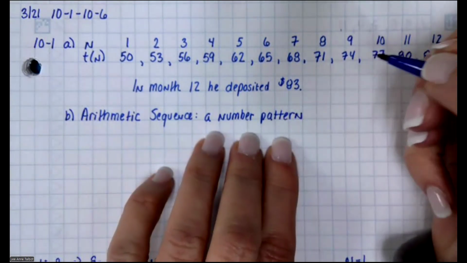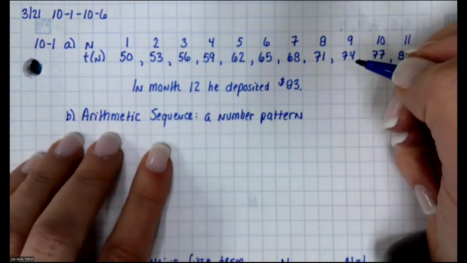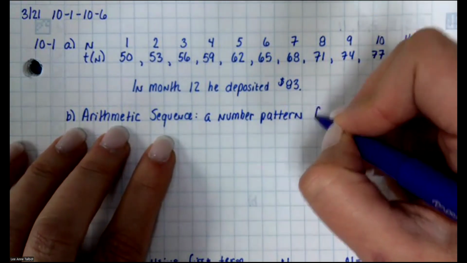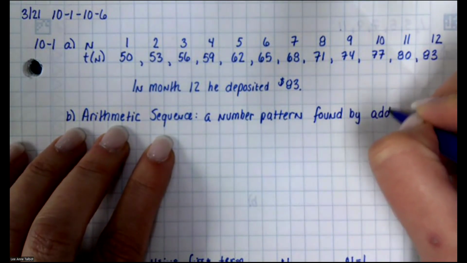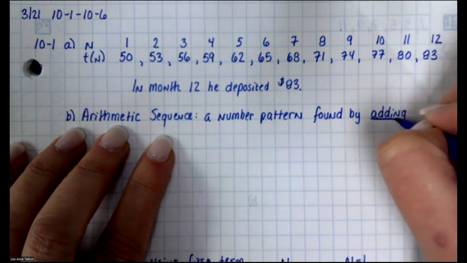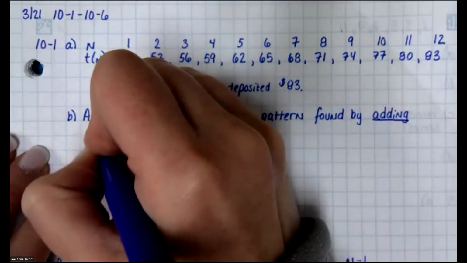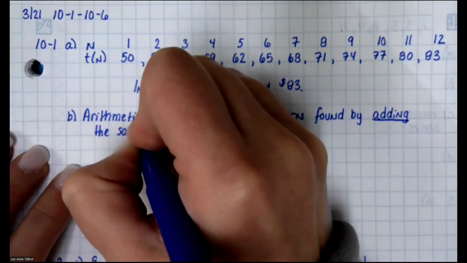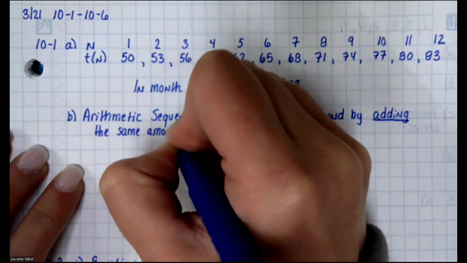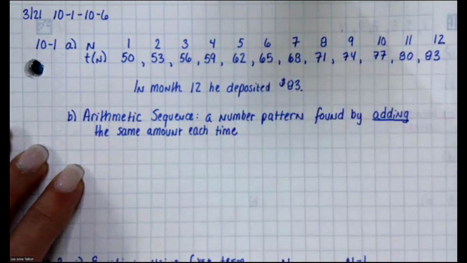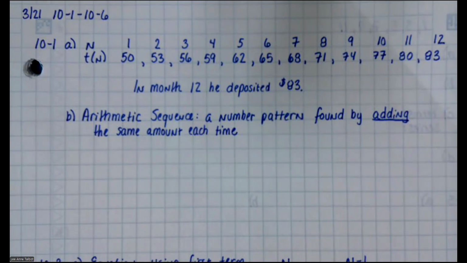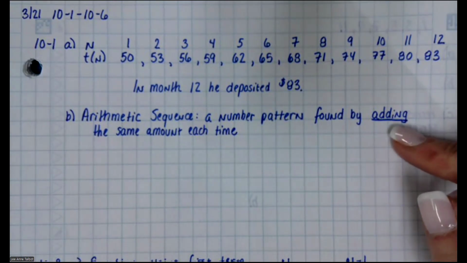A sequence is a number pattern, and arithmetic means adding. I want to be careful when I use the word adding here. It doesn't mean that they are always increasing.